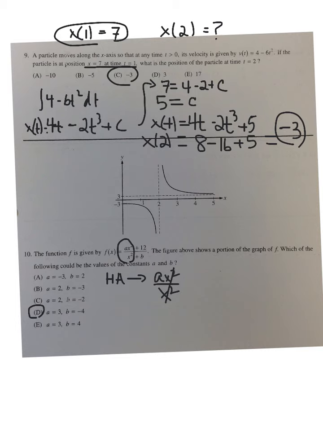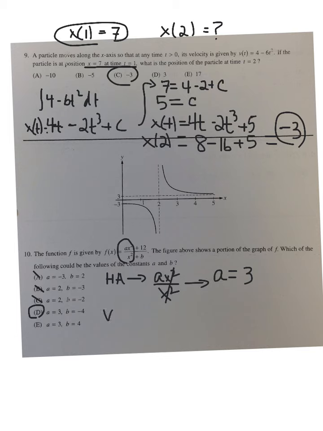So really then, all I'm left with is a equals, and now let's look at what the horizontal asymptote is. The horizontal asymptote is this value right here, which is 3. So I would normally just set this equal to 3, but since those factors cancel out, I'm going to set this equal to 3, and there's my a value. So that eliminates these top 3 choices right there.